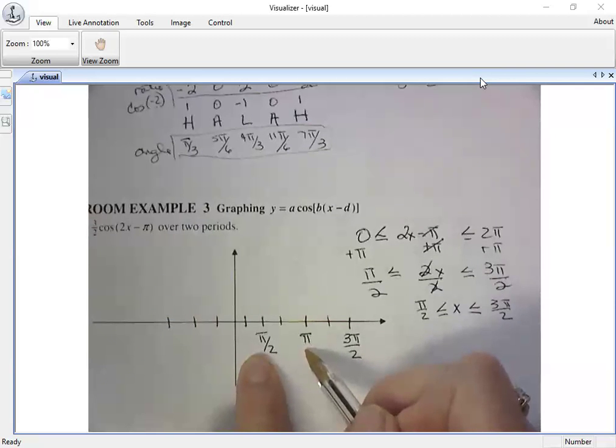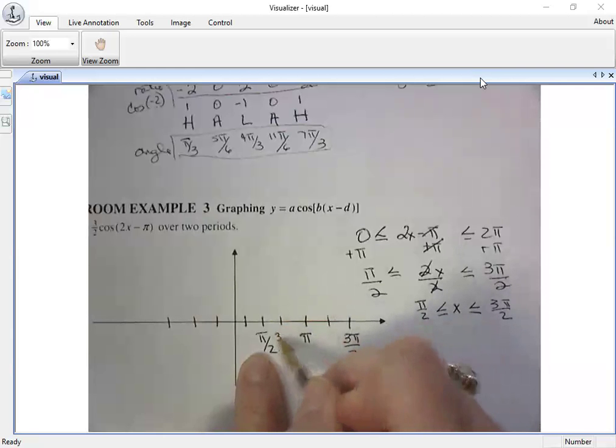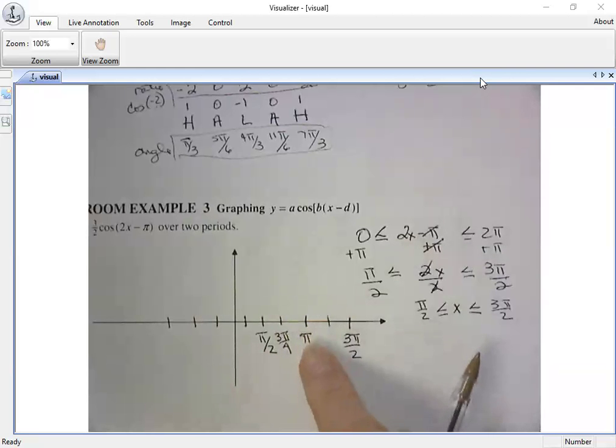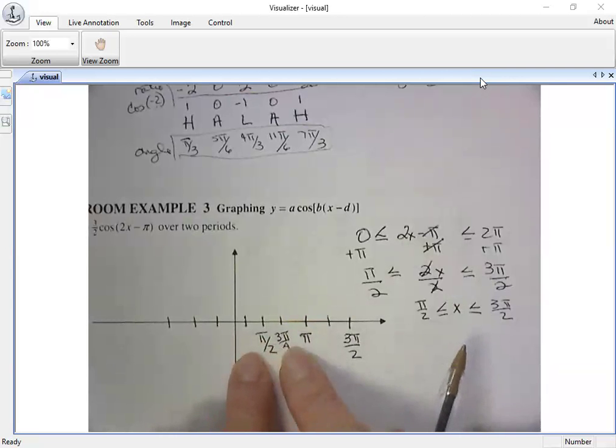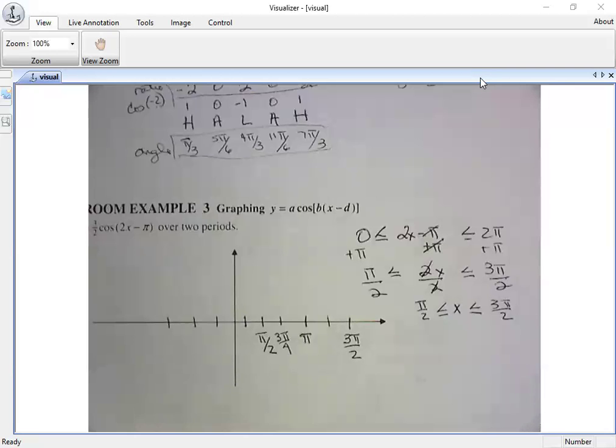If I multiply that times 1/2, what do I get? 3 pi over 4. Does that make sense? The other thing you could think of is if I were to figure out how far did I go to get from pi over 2 to pi, that was pi over 2 units. Half of that is pi over 4. So that would make sense. If this is 2 pi over 4, if I add another pi over 4 to it, I'm at 3 pi over 4. I'm just giving you another way you can think of it if you don't like adding them up, dividing by 2.